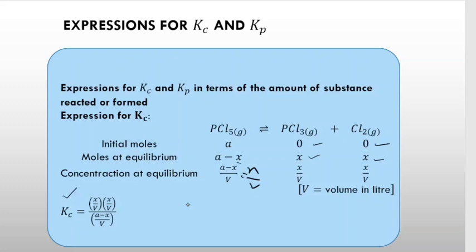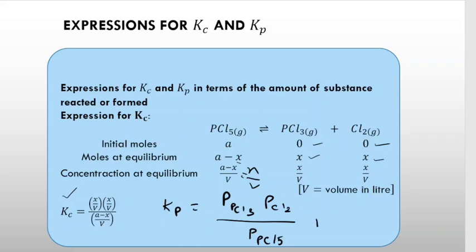Then how to calculate the expression for Kp? We know already it is the equilibrium constant in terms of partial pressures. So partial pressure of PCl3 into partial pressure of Cl2 divided by partial pressure of PCl5.